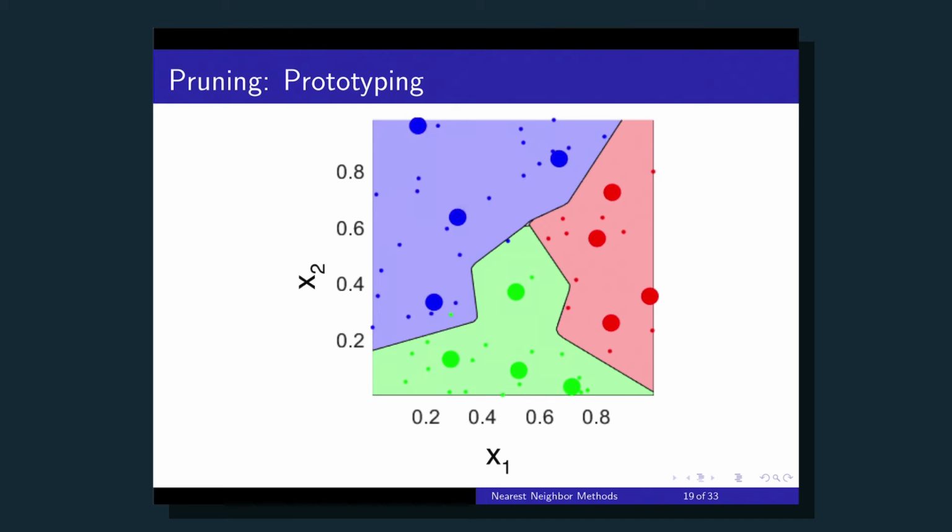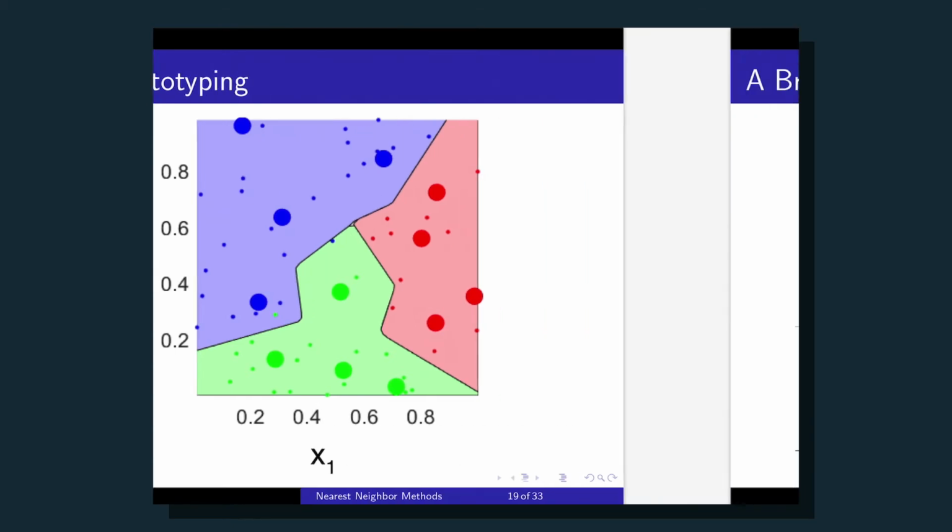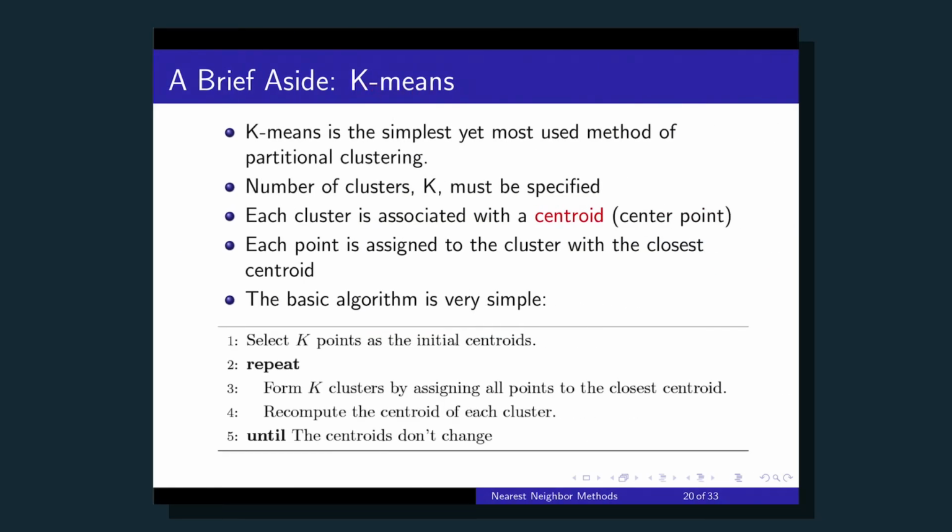At this point, remember last time we talked about unsupervised methods like PCA, etc. One very common method that we haven't talked about, I'm assuming most of you already know this, but just to quickly go over it, is what is called k-means. K-means is a method of actually finding those prototypes, those centers, and it is a clustering algorithm, a clustering method, which does partitional clustering.